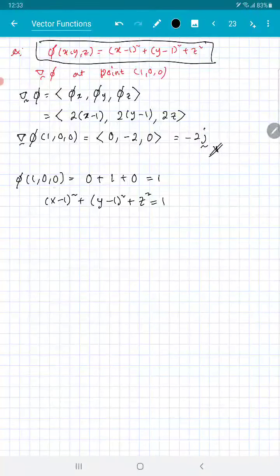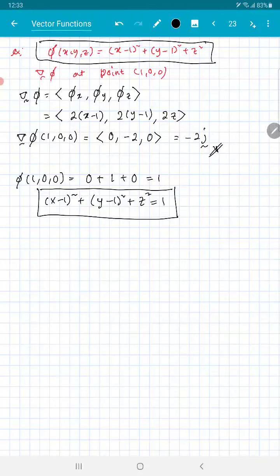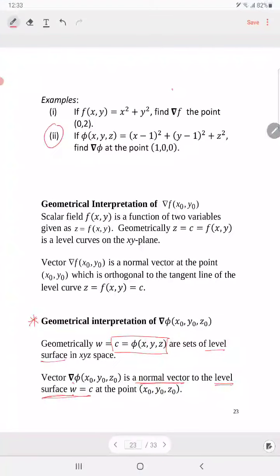In this case our c is 1. That equation is really a sphere where the radius of the sphere is 1 and the center is at point (1, 1, 0). So the sphere of radius 1 would be our level surface in x, y, z space, and the gradient of phi at point (x naught, y naught, z naught) represents the normal vector to the level surface.